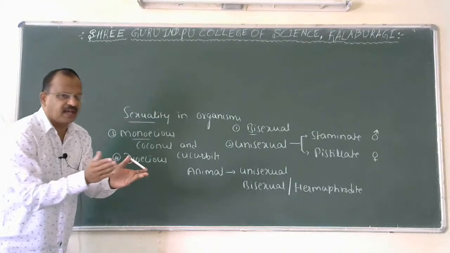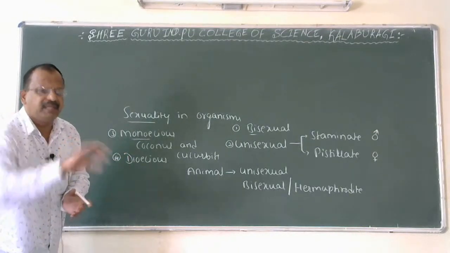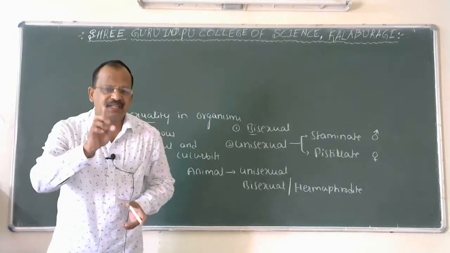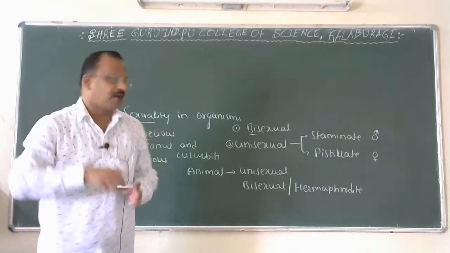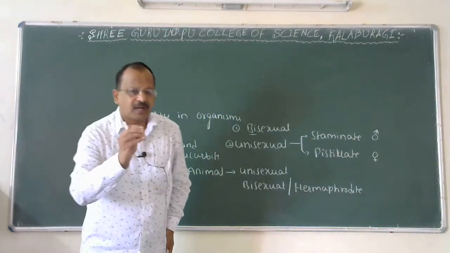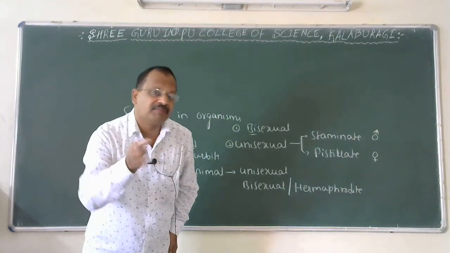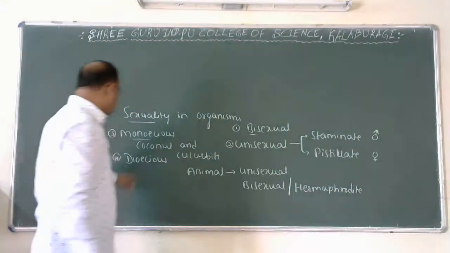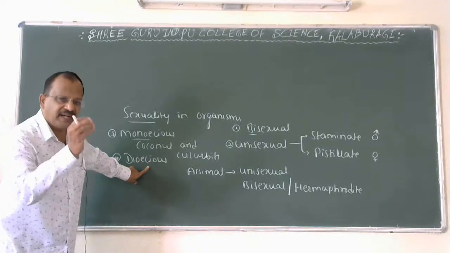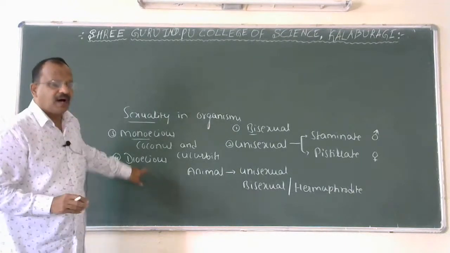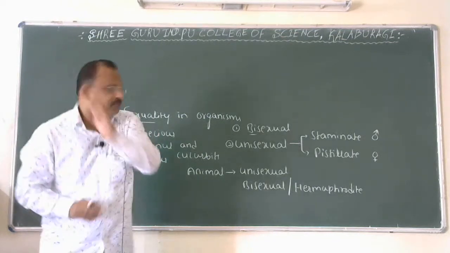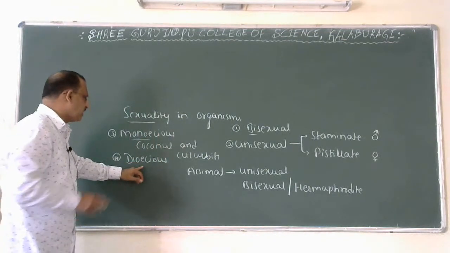Dioecious means sexes are separate. When staminate and pistillate flowers are present in different plants of the same species, then it is called dioecious.